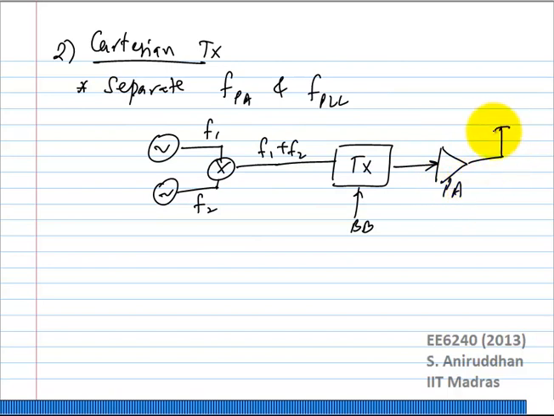This is one way you can do. That is, don't do a heterodyne transmit system. You generate two frequencies and mix them together only to generate the LO. So that way you can still make sure that omega 1 and omega 2 are not directly related to the PA frequency, which is F1 plus F2. Okay, so this is one possibility.